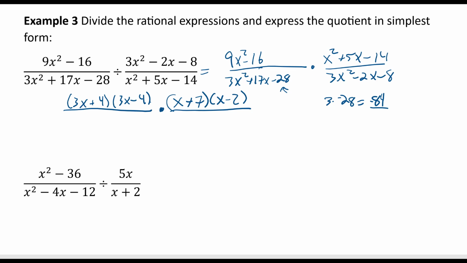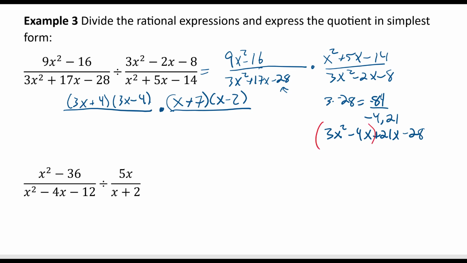It's 84 divided by 4, 21, that'll do it. So if I went negative 4 and positive 21, I'd have 3x squared minus 4x plus 21x minus 28.